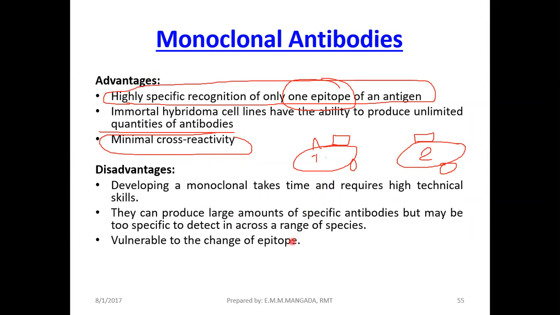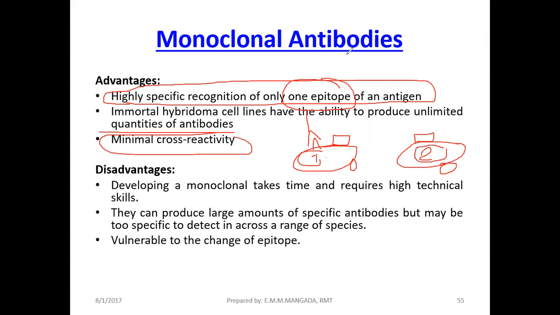And these antibodies should be directed to your triangle epitope. Why? To make it more specific. Because the triangle epitope is only on strain 1. It's not on the other strains, or in this example, strain 2.